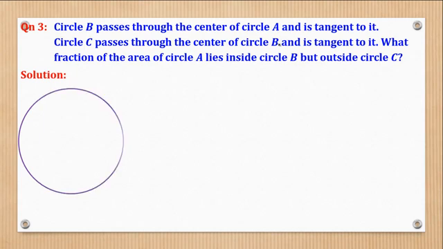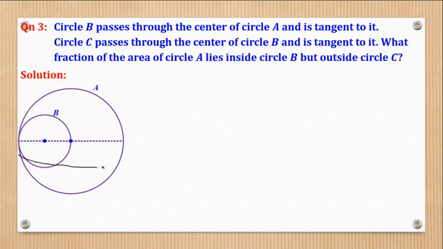We shall draw a big circle, which is circle A with this center. Then they say the circle B passes through this center but touches, or is a tangent. So we shall also draw it. And then realize something.